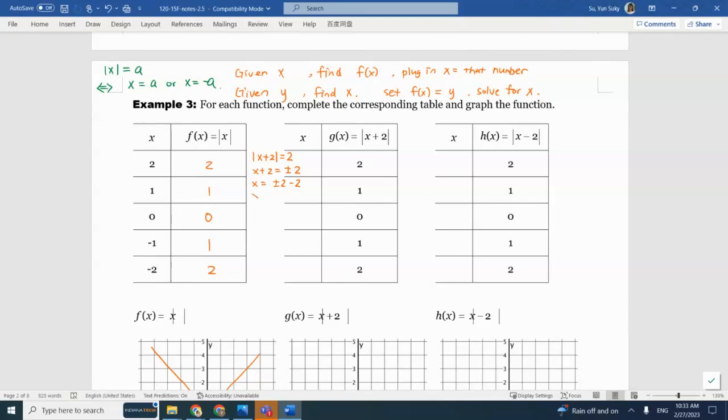Positive 2 subtract 2 is 0. Negative 2 minus 2 is negative 4. Do you see we got 2 roots? So let's put the 0 here and the negative 4 there. We get 2 solutions: 0 and negative 4.